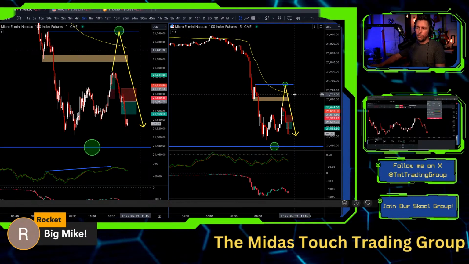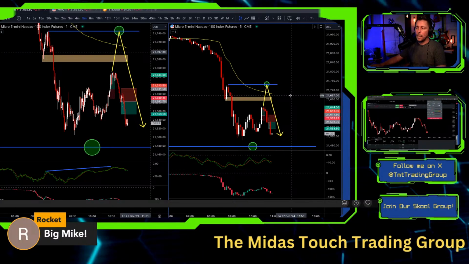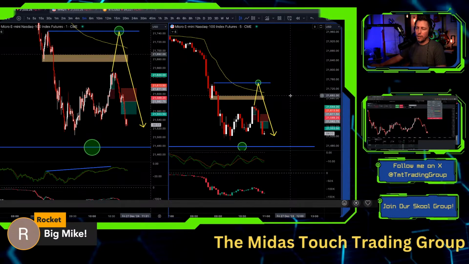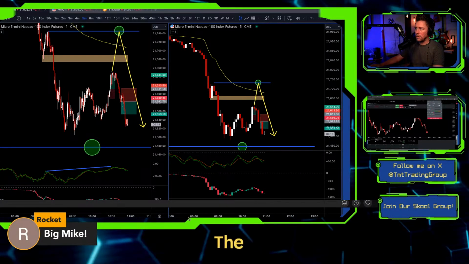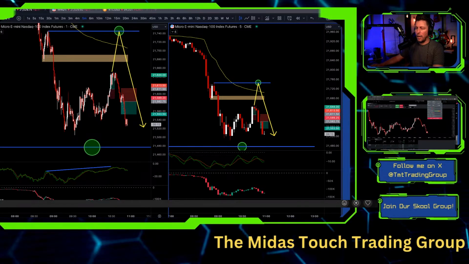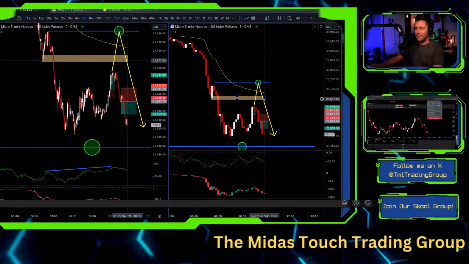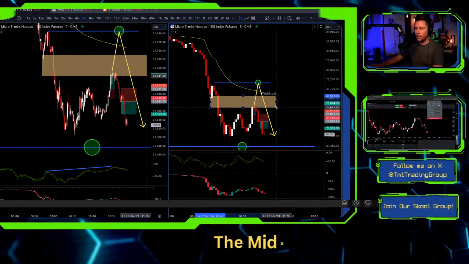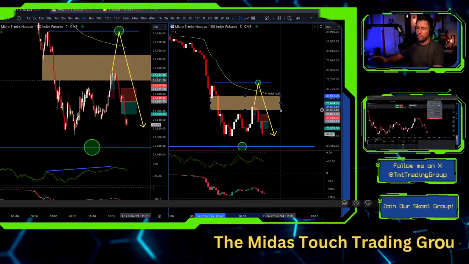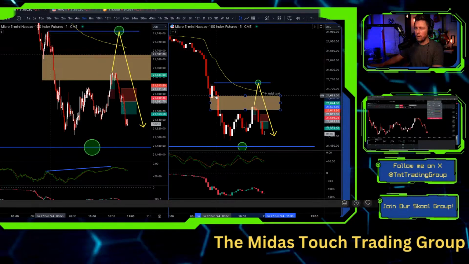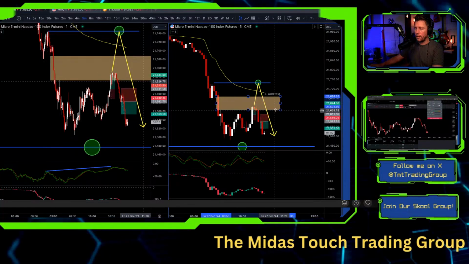You don't have to touch VWAP, but it is a good indicator, in my opinion, to have on the chart and just to recognize. Price came back. It didn't tap the shelf, but I'm just noticing right now, and I didn't mark this, that it did feel a little bit of that FVG right there.